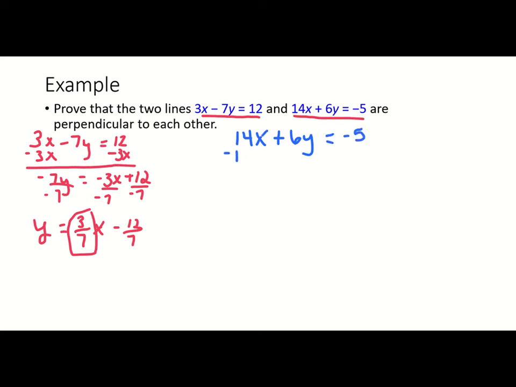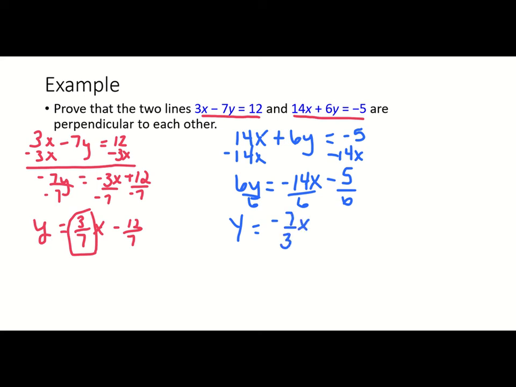So I'll subtract 14x from both sides, and that's going to give me 6y is equal to negative 14x minus 5. Divide by 6. So y is equal to negative, and I'm going to simplify the 14 over 6, make it 7 over 3, x minus 5/6. So my slope here is negative 7/3.